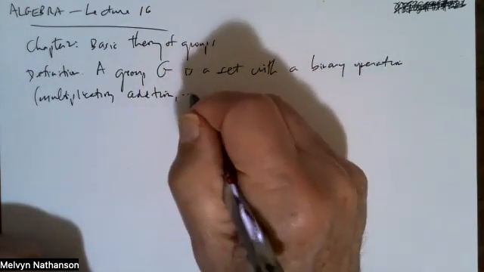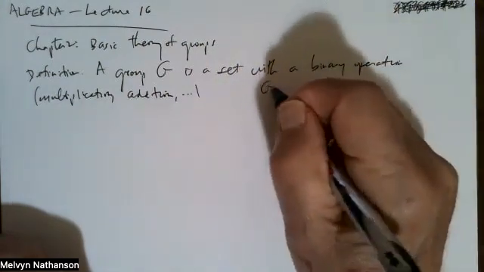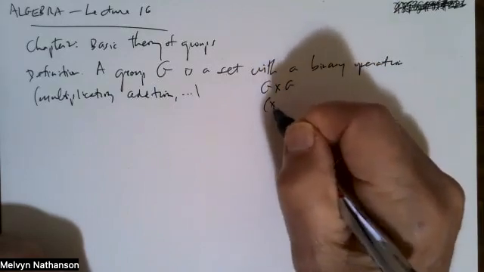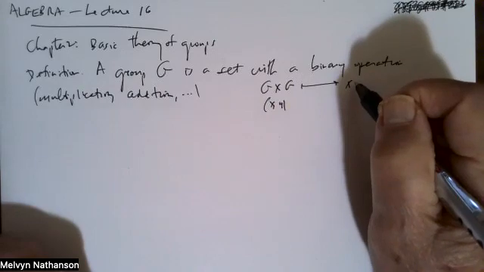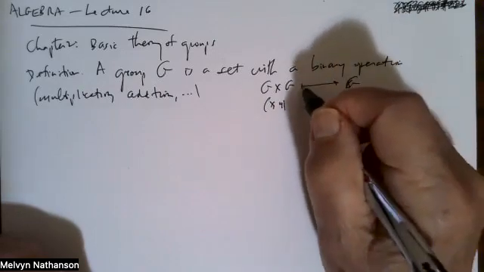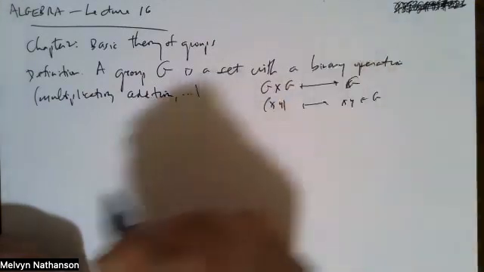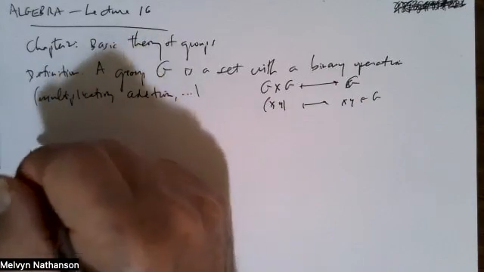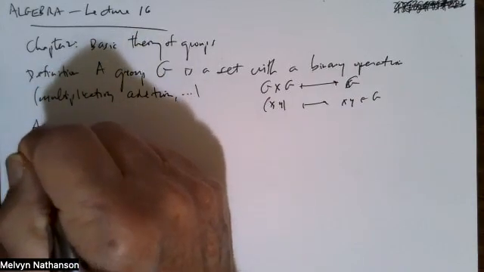It could be called other things, but basically it's a function. So if you take a pair of elements, X and Y in the group, you can send that to some other element, XY in the group.